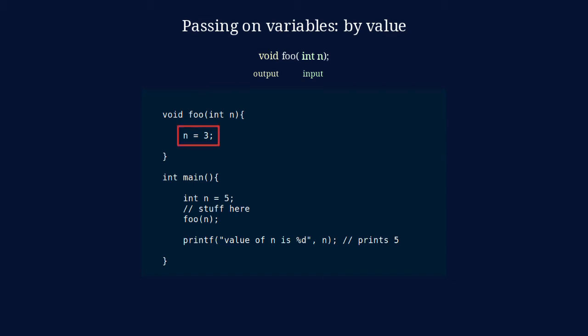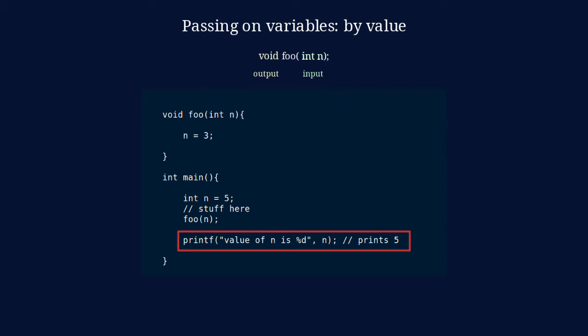I can set it to 3, let's say. Once I'm done with this function, what will be the value of n in the code immediately following the call of that function? It's going to be whatever it was before. If the value was 5, n will still be equal to 5.